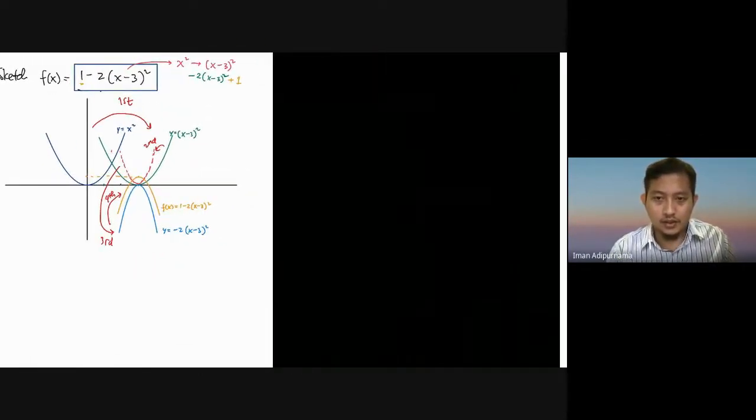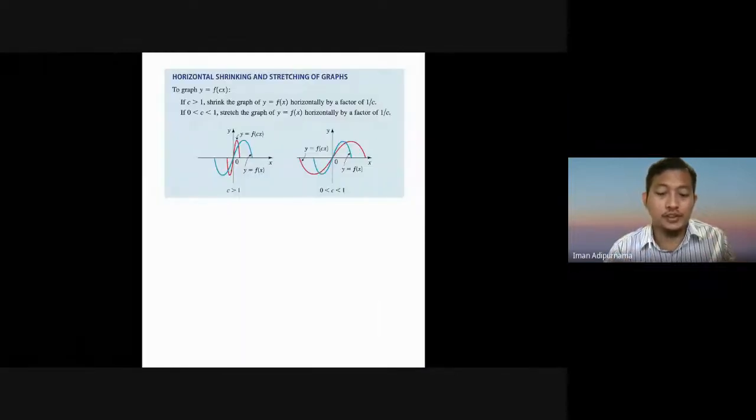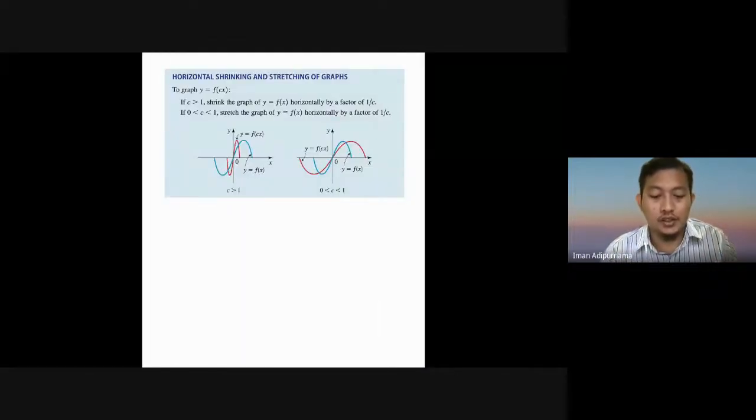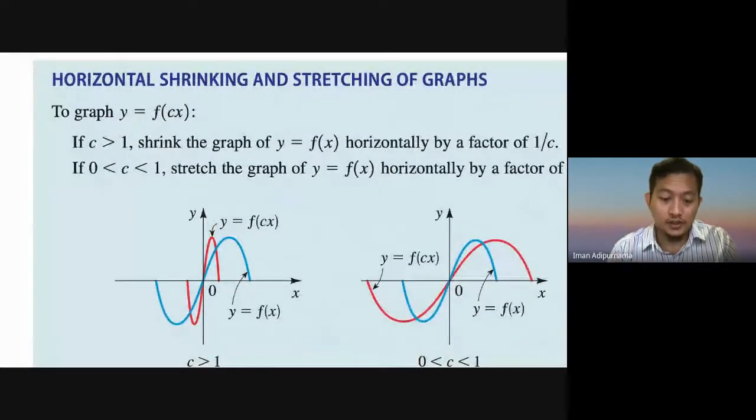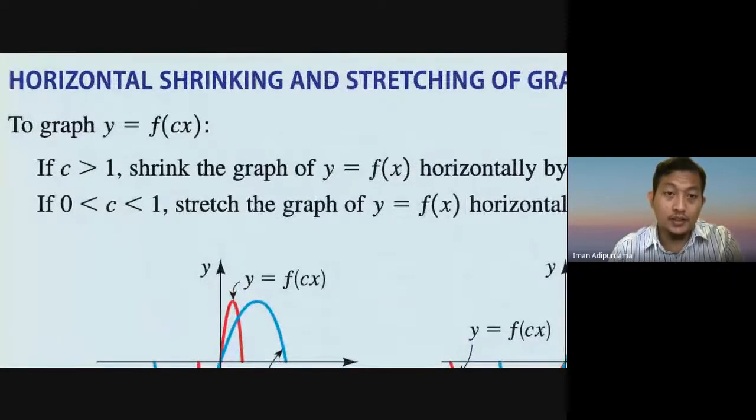Okay, the next thing, aside from the vertical shrinking and stretching, we have horizontal shrinking and stretching. And for horizontal, we need to multiply the x, not f of x. Okay, so to make horizontal transformations, stretching and shrinking, we need to multiply a constant with the x.